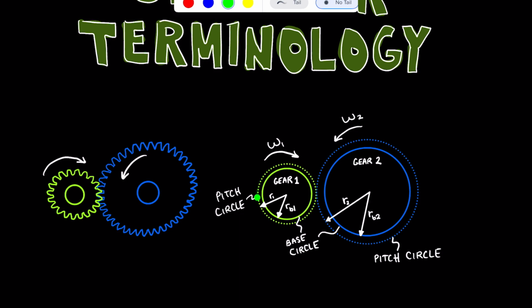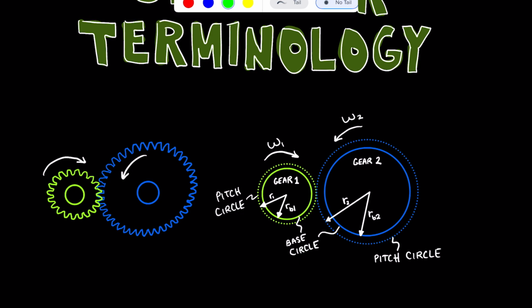And this pitch circle is a theoretical circle that is going to be used for many calculations associated with gears. It is not associated with either the base of the teeth nor the top side of the teeth. It is going to be somewhere in between.